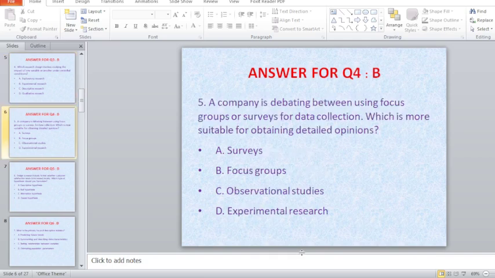Question number 5. A company is debating between using focus groups or surveys for data collection. Which is more suitable for obtaining detailed opinions?